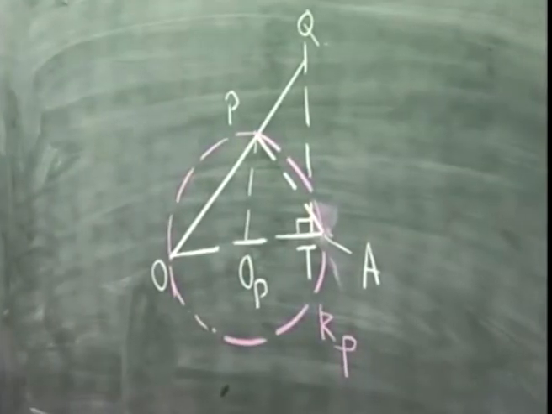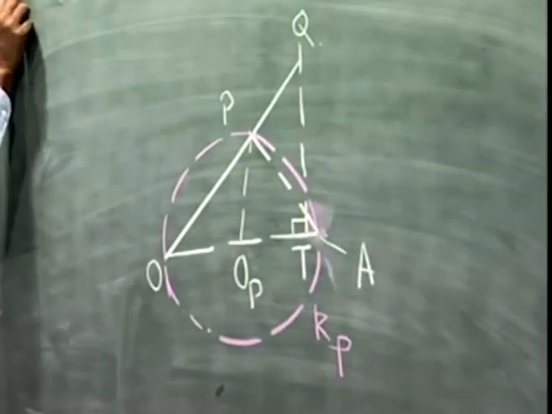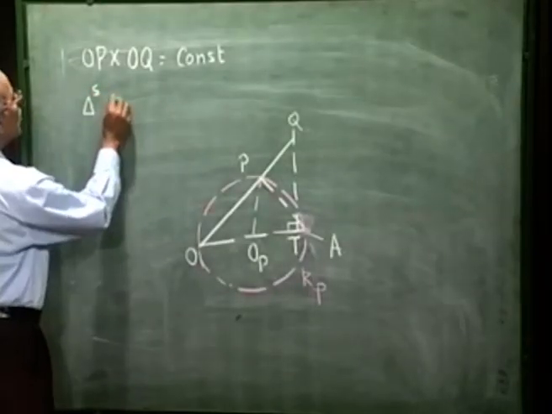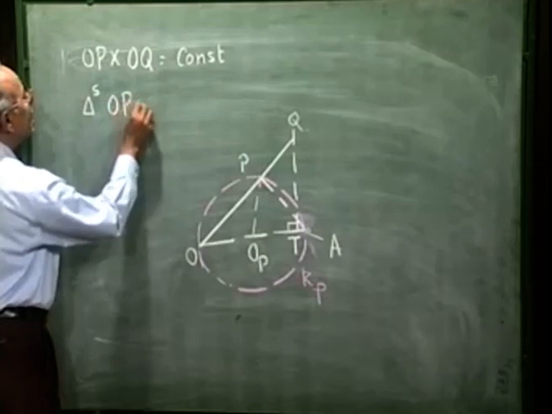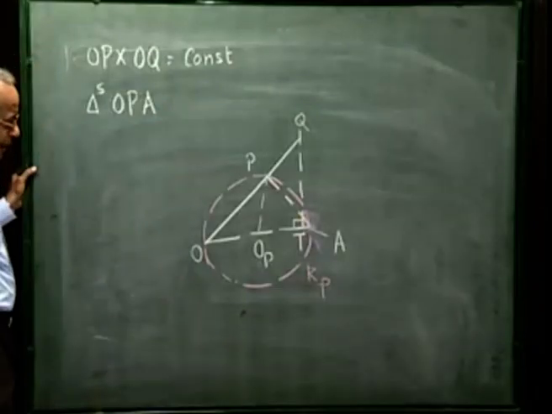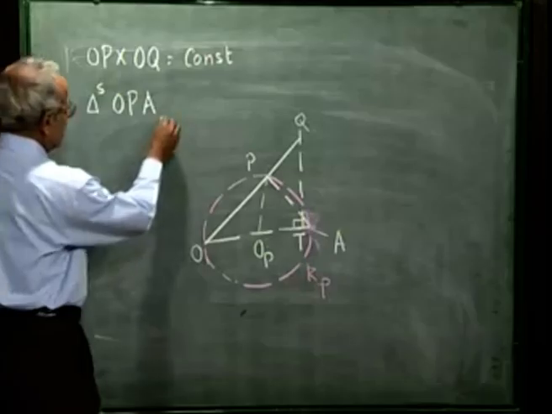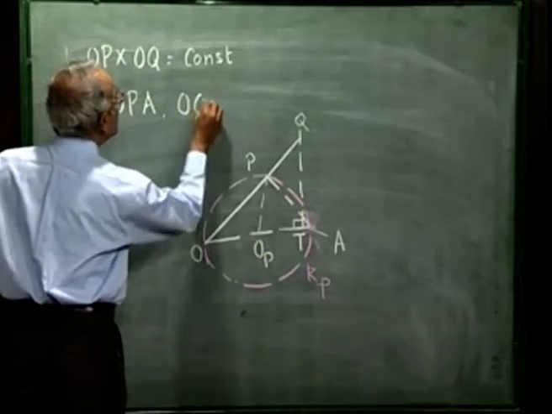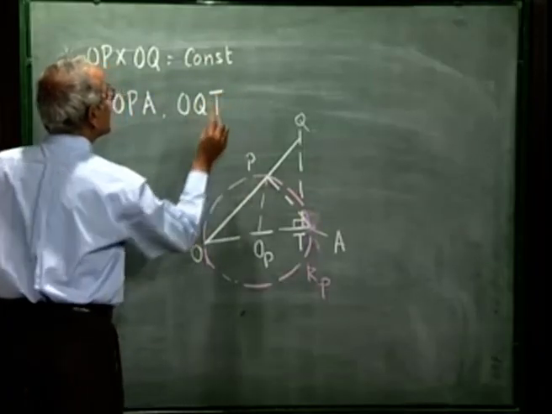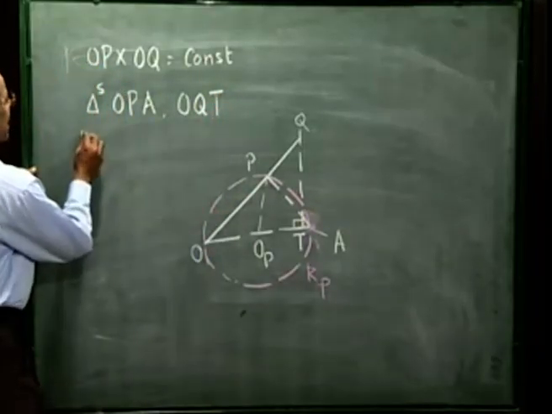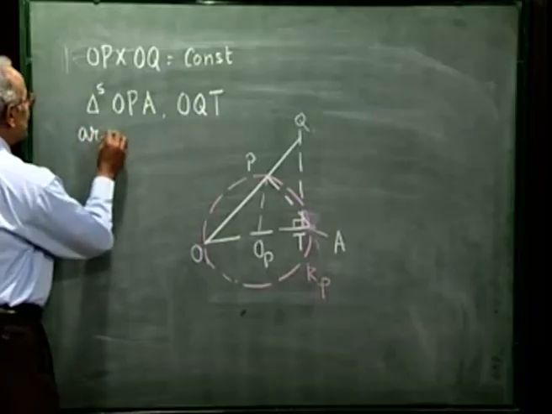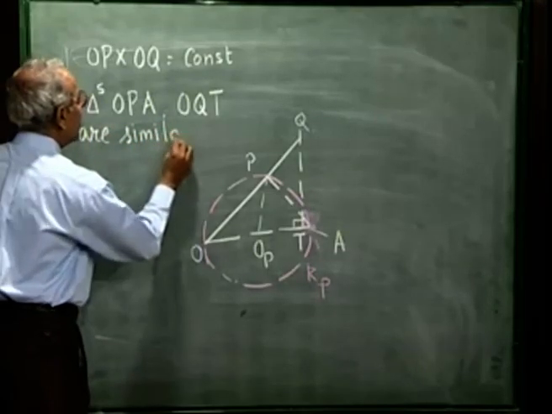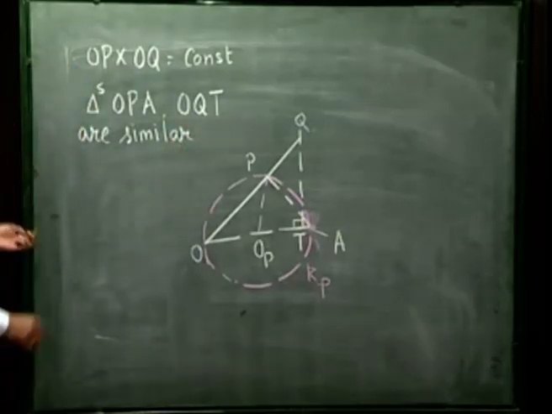Now, what we see is that if we consider two triangles, namely OPA, which is a right angle triangle, and OQT, which is again a right angle triangle, these two triangles are similar. Why?